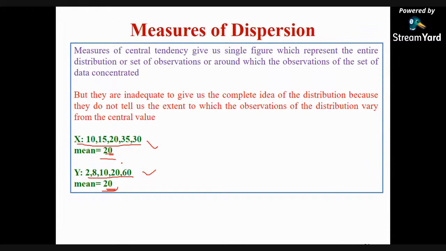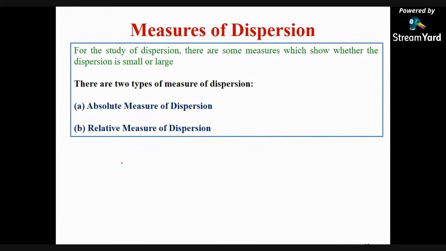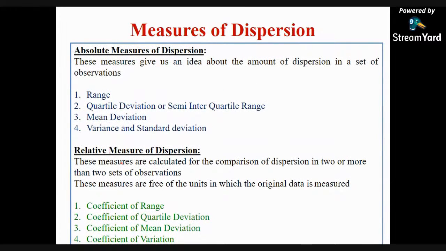That is why we move towards measures of dispersion, where we can capture some more characteristics of the data set. Among the measures of dispersion, we have basically two important measures. One is the absolute measure of dispersion, and the second is the relative measure of dispersion. Among the absolute measures of dispersion, we have the range, which is the lowest and the highest value, and then we have quartile deviation or semi-interquartile range.